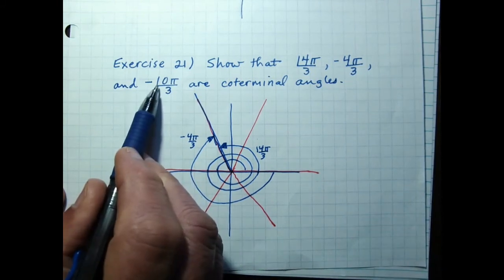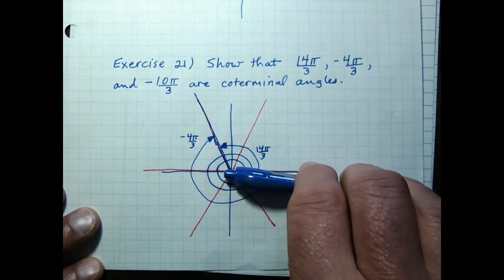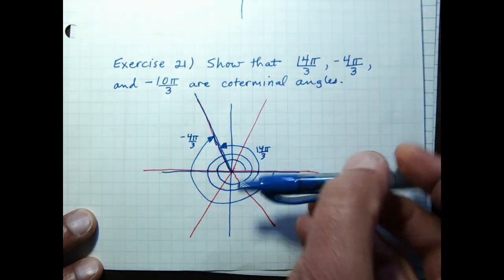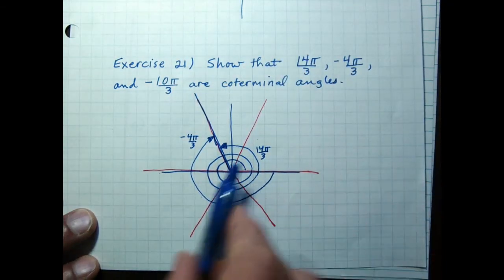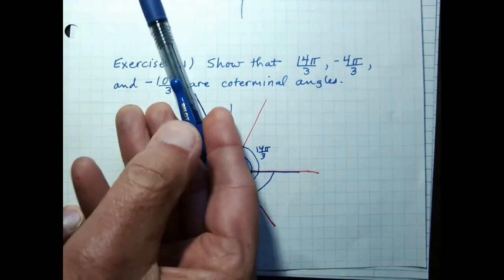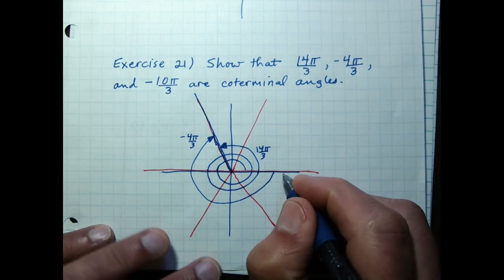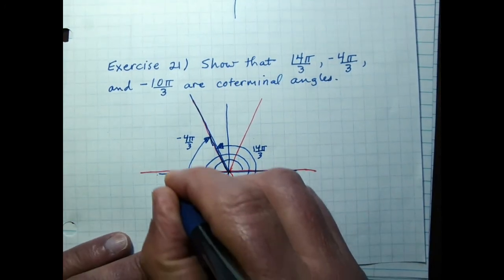And now negative 10 pi over 3. I have to do negative 10 multiples of pi over 3. So let's just think about what that would be. Negative 1, 2, 3, 4, 5, 6 is full circle. Backwards, 7, 8, 9, 10. I end up in that same spot. So I've got to do it in a negative direction. I'm going to draw a nice big circle here, go all the way around the outside of everybody else.